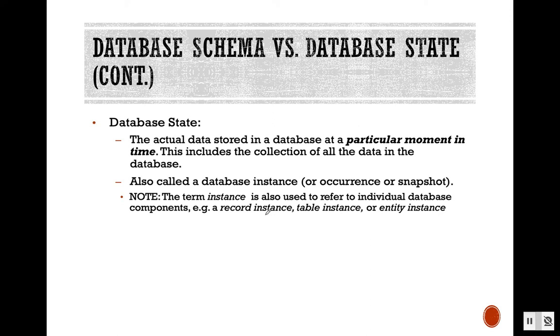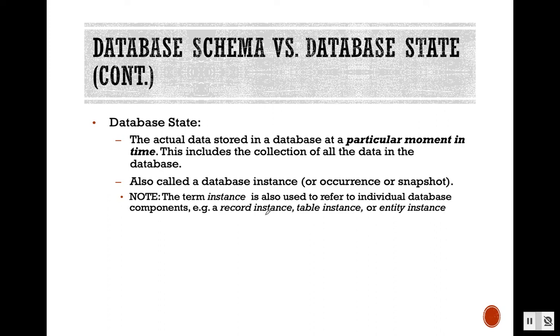So, database state. A database schema gives us the description of the database, meaning what the database is going to look like, what the entities are and what the attributes of the entities are. Database state is the actual data stored in the database at a particular time or moment.